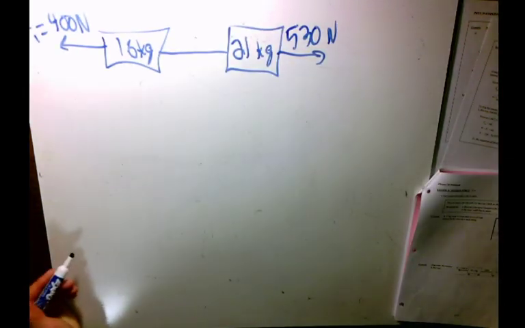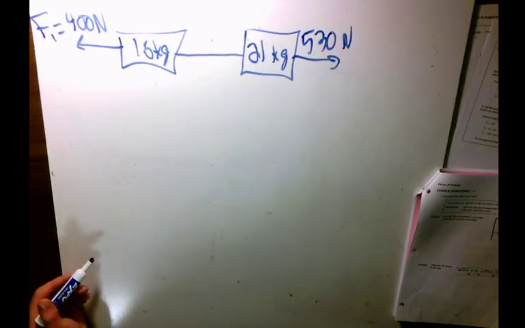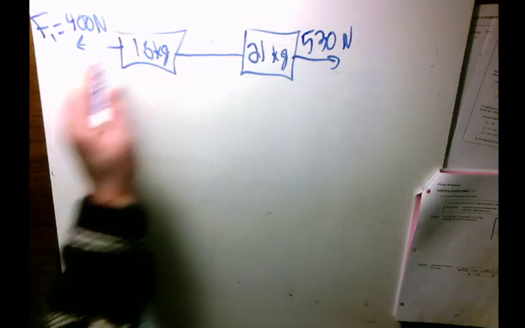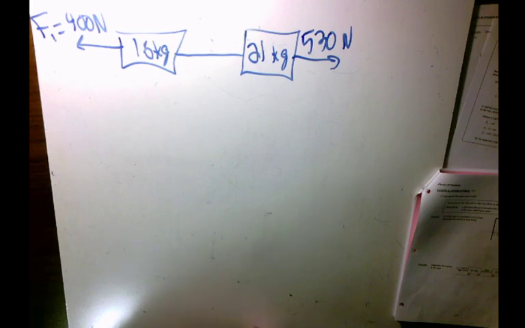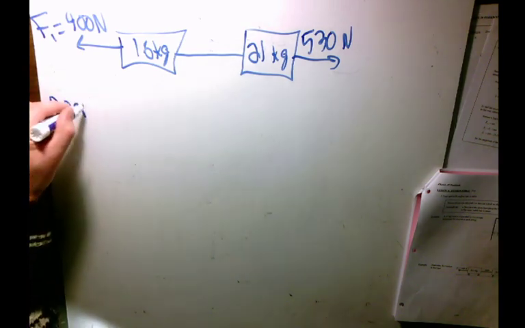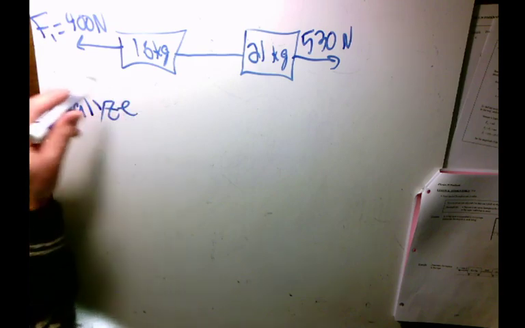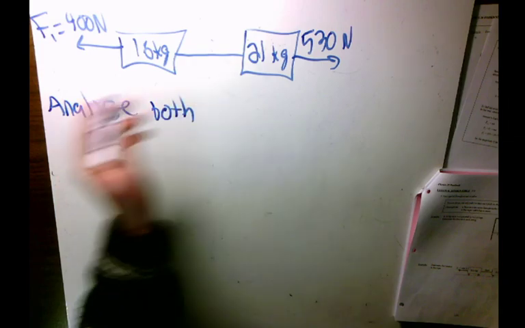So when we're analyzing ropes, we need to remember to carefully choose what our system is, what we're drawing our bubble around. So for this question, we need to analyze both masses. So we're going to draw our bubble around both to find the acceleration of the system.